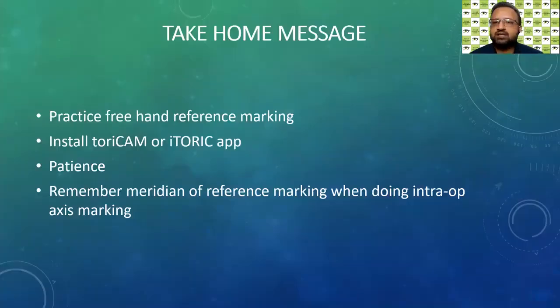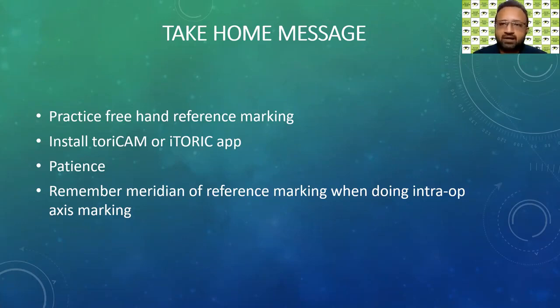So the take-home message for the beginner: we need to start by practicing freehand marking. Then we can go to slit lamp marking and digital marking. For every surgeon who is doing toric IOL, it's good to install the Toricam or iToric app. It makes life easier.